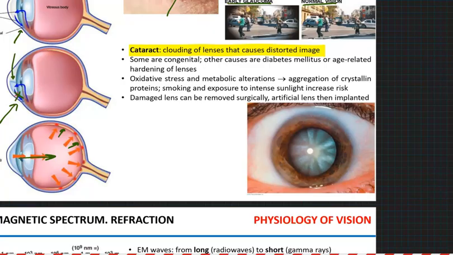My mother-in-law had lens replacement before she was 70. My mom, who's 80 plus, is still perfectly fine.